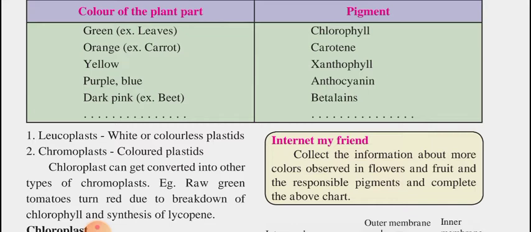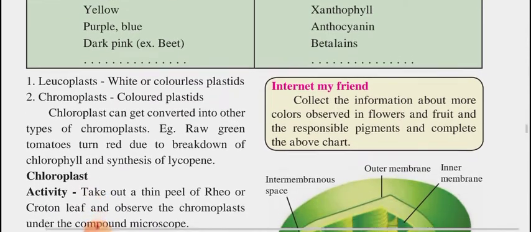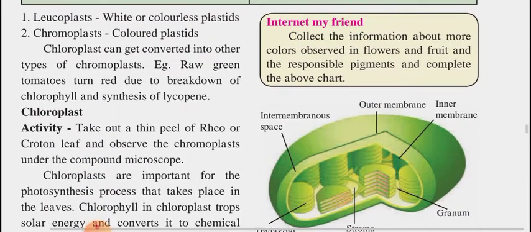If yellow, that is xanthophyll. If purple and blue, anthocyanin. If dark pink, for example beetroot, that is betalains. These types of pigments are present, and due to that the plants get color.